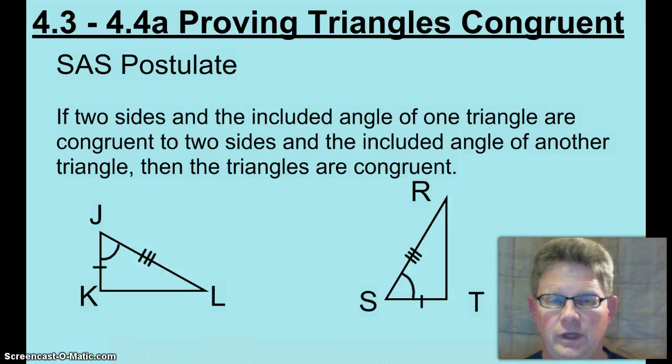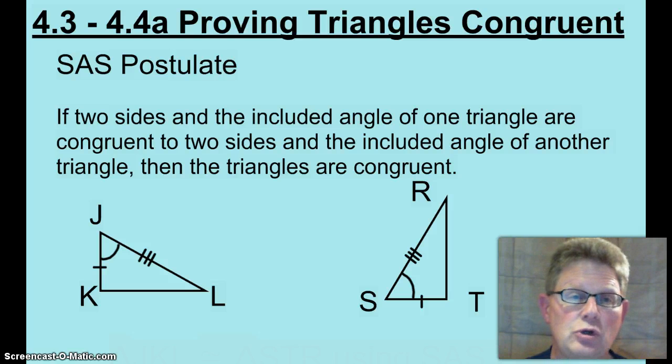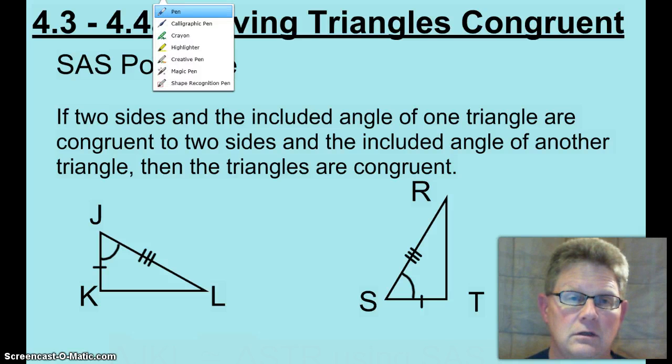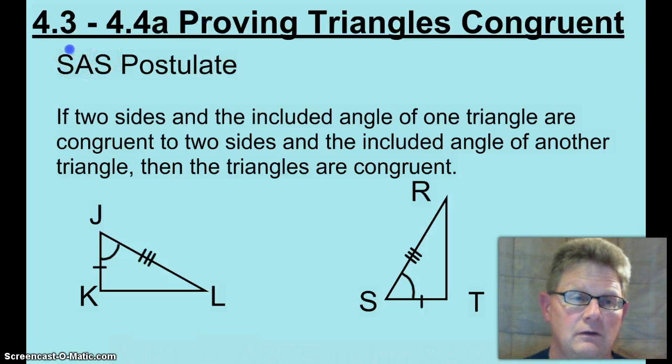The second way that we can get triangles congruent to each other is the side-angle-side postulate. It says in words, if two sides and the included angle of one triangle are congruent to two sides and the included angle of another triangle, then the triangles are congruent. Please let your eyes focus in on the name: side, angle, side.